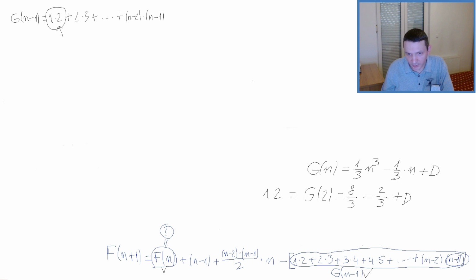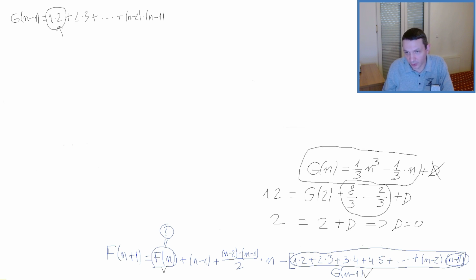We actually obtain 2 on the left, and this is again 2 plus d. Actually, we obtain that d is equal to 0. So there is no this last term. Actually, this is the formula for g of n.